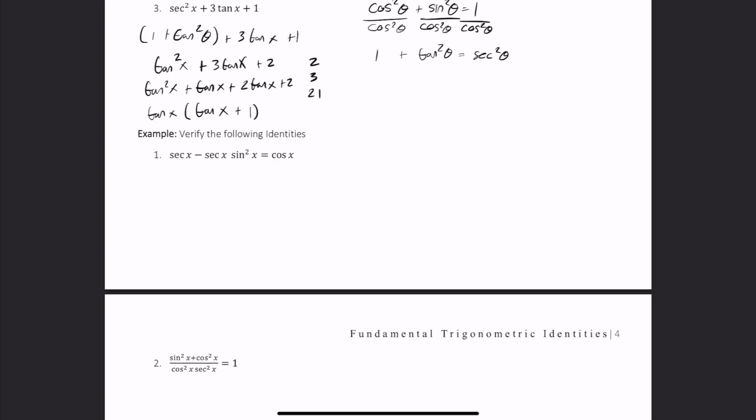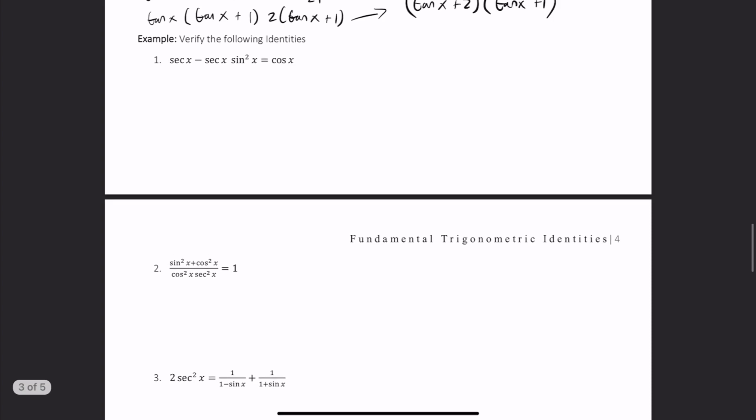Then factoring out a 2, we'll have tangent x plus 1. And since these two are equal, we know we've done it correctly, and we'll just write this as tangent x plus 2 times tangent x plus 1. And we're done here. Now on to verifying identities.